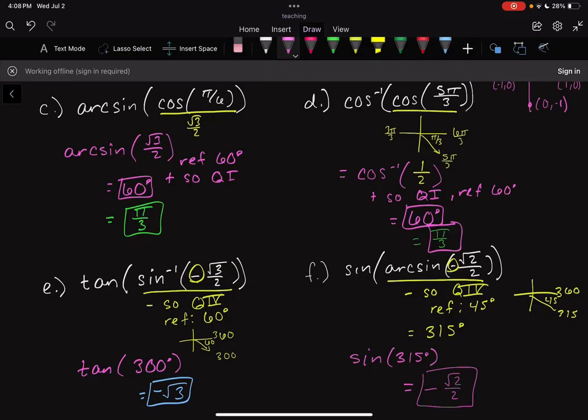So the last type that I want to look at is something from the homework that I think would be good to check out.